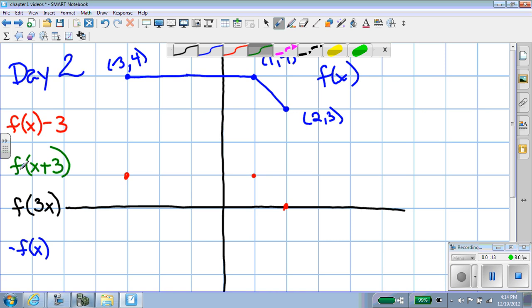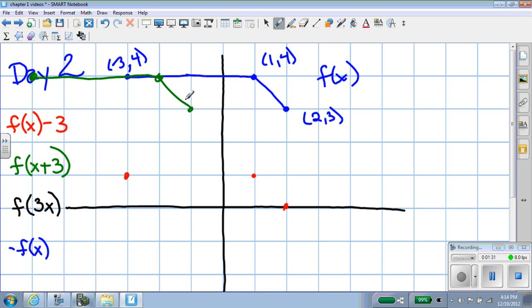Okay, now we're going to do f of x plus 3, which means the graph is going to shift to the left 3. This point is now -6, 4.